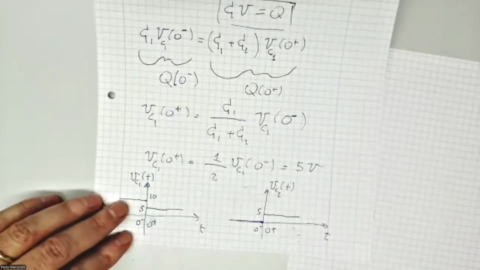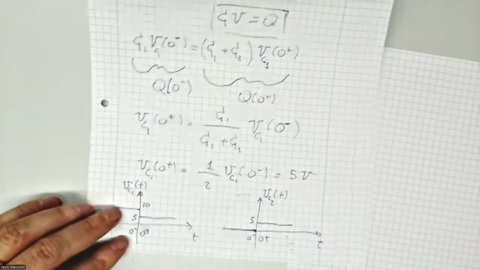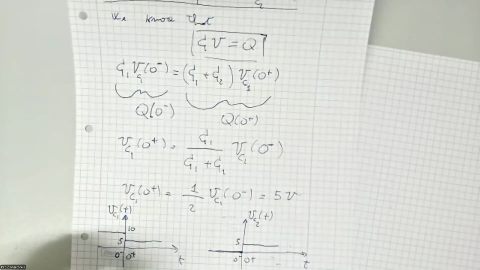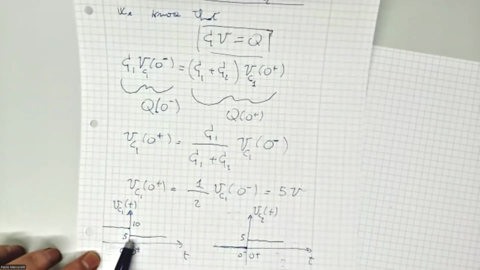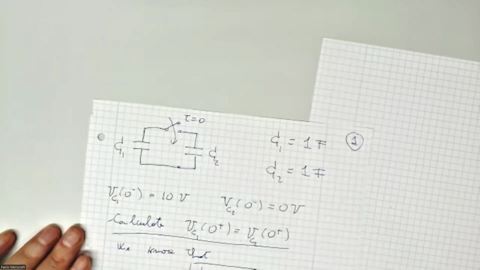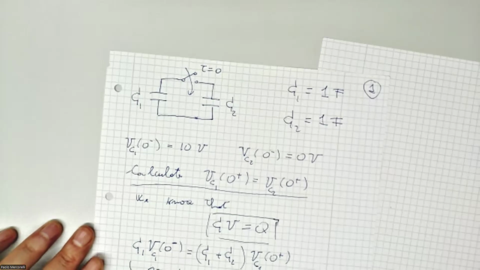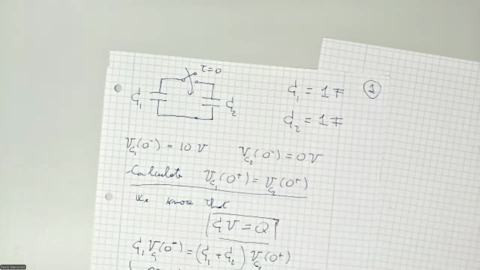In general, not necessarily what we have before starting our observation is equal to what we have when we start the observation. This is an example, even though not dynamic, in which we can see, in accordance with what we learned in electrotechnique, that thinking about 0 minus and 0 plus in general could have a meaning.